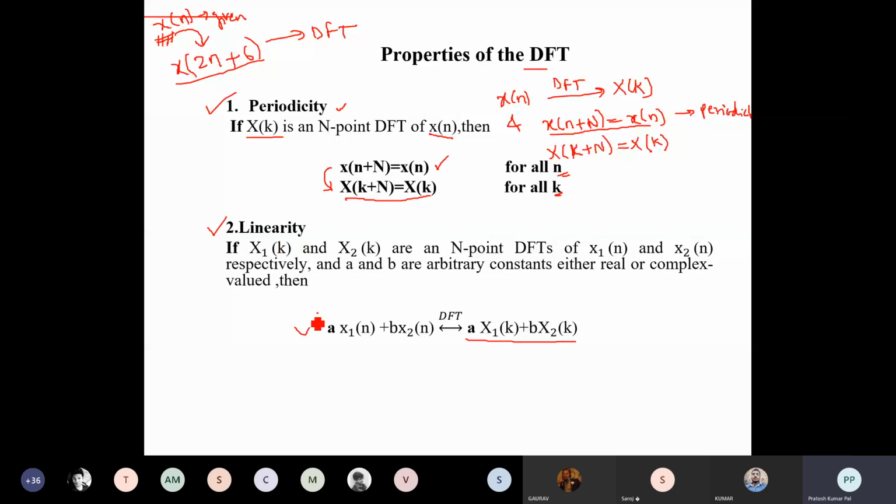In the previous lectures, in the introduction part, we have already seen that a linear system should show homogeneity, and there are two principles: superposition and homogeneity.